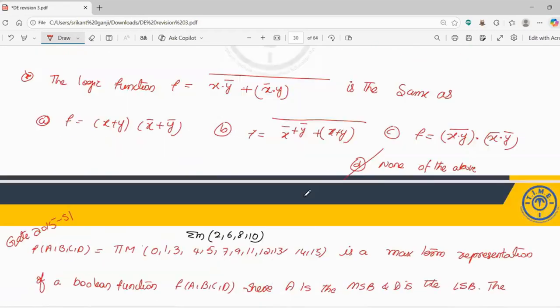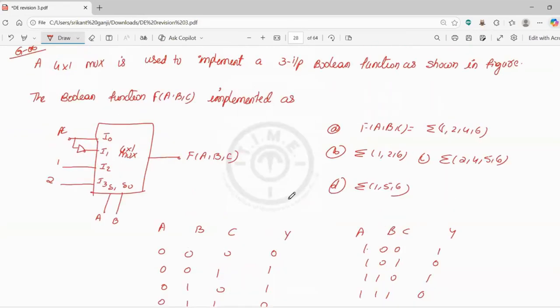So this question is somewhat mistaken, ma. I will modify this one. Now you think and tell me whether you are getting the same answer or not. So this is B and C value, and this is A value, and this is going to be 0. The question was printed by mistake. There are two selection lines, S1 and S0, and this is A here, and BC are the selection lines, and this is 1 and 0.